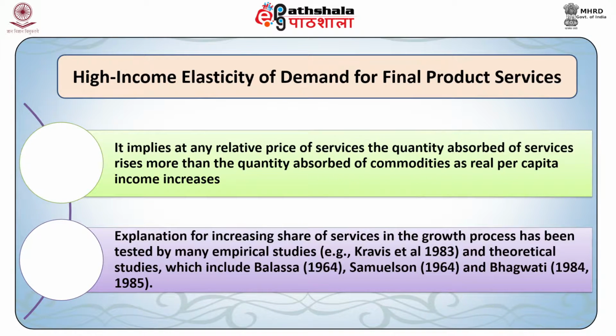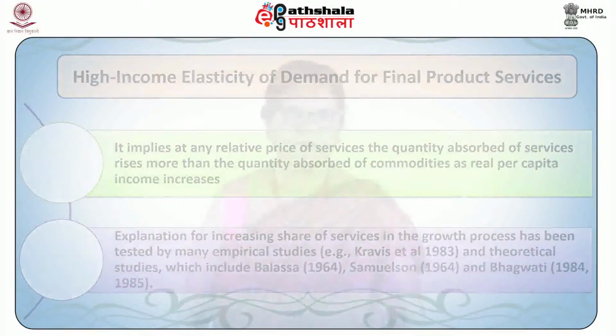This explanation for the increasing share of services in the growth process has been tested by many empirical studies, for example, Kravis et al. in 1983, and theoretical studies which include Balassa in 1964, Samuelson in 1964 and Bhagwati in both 1984 and 1985.